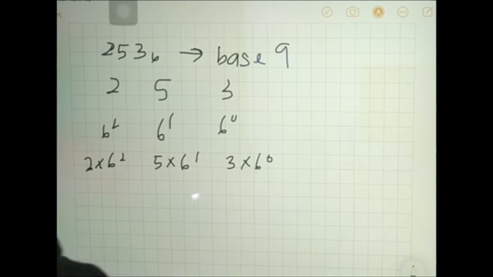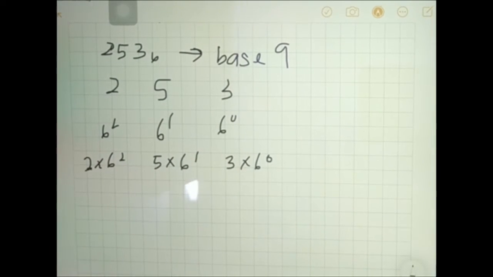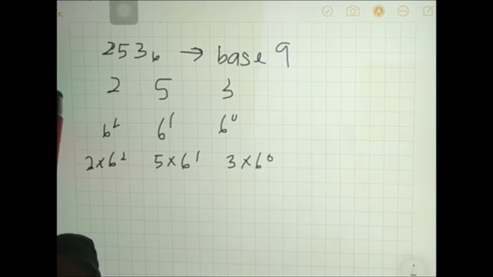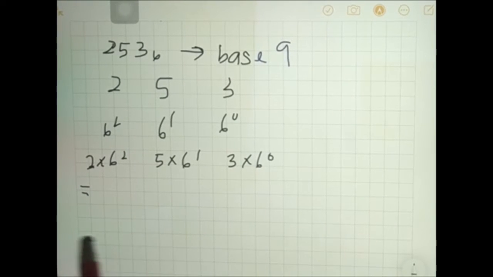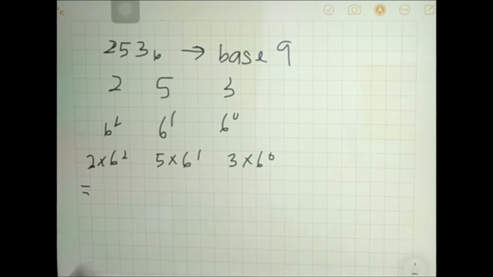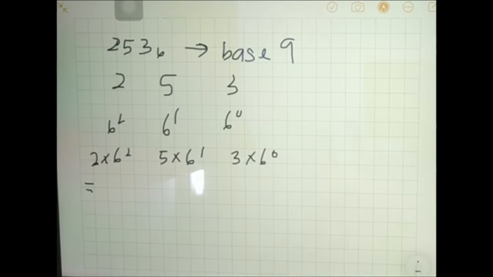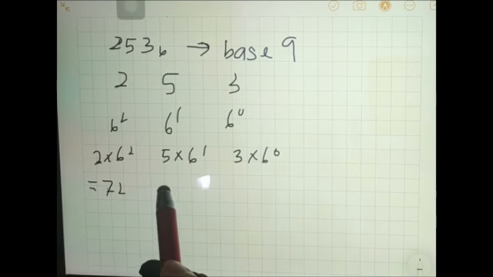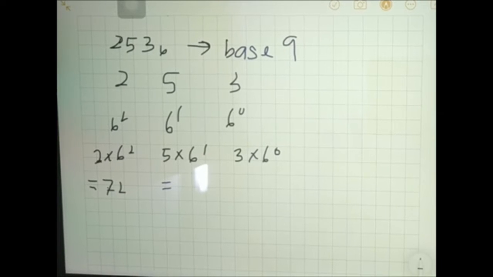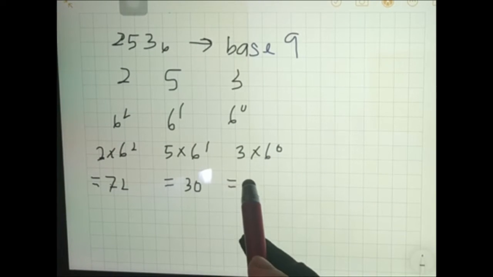Now, I didn't indicate what I'm doing next here, so you have to do it. I don't have space here, but you have to write what you're indicating. This is the number in the base, this is the place value, this is the digit value, and at the end you have to write the numerical value. Don't forget. So 2 times 6 to the power of 2 is 72. 5 times 6 is 30. 3 times 1 is 3.